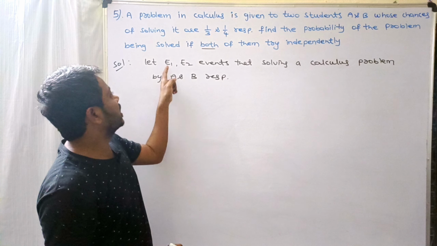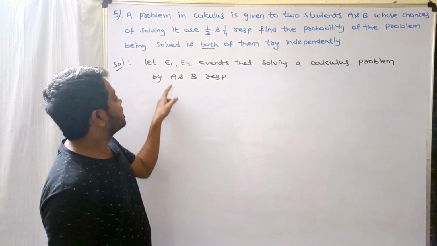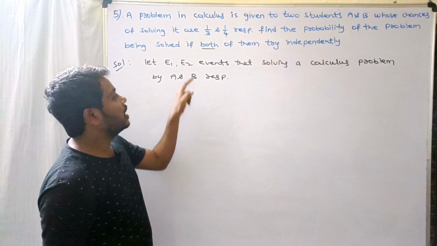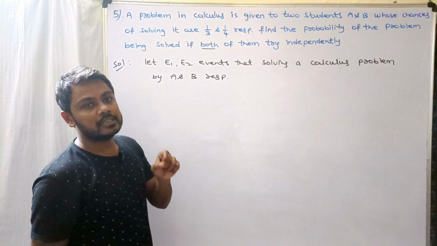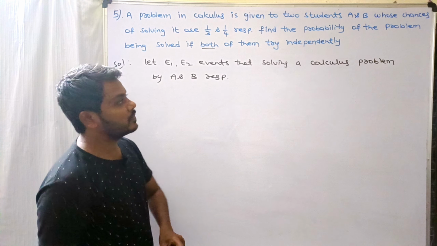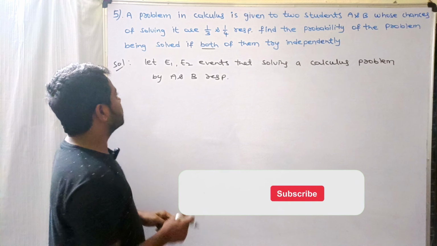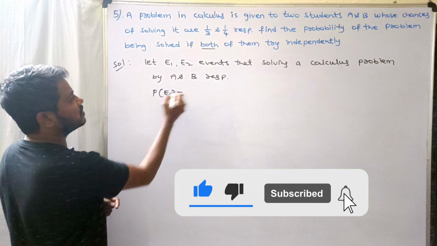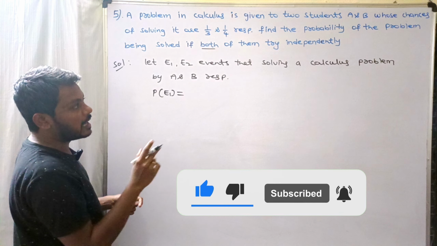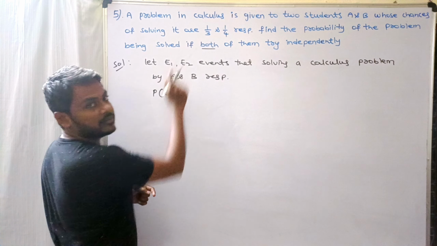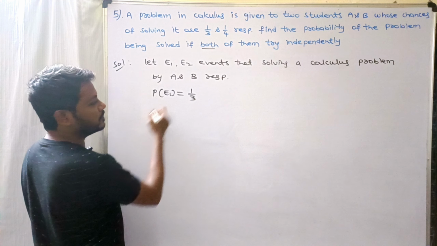Here E1 is the event of solving a calculus problem by student A, and E2 is the event of solving a calculus problem by student B. Now clearly P of E1 is what? A calculus problem solved by student A. Clearly that is given as 1 by 3.